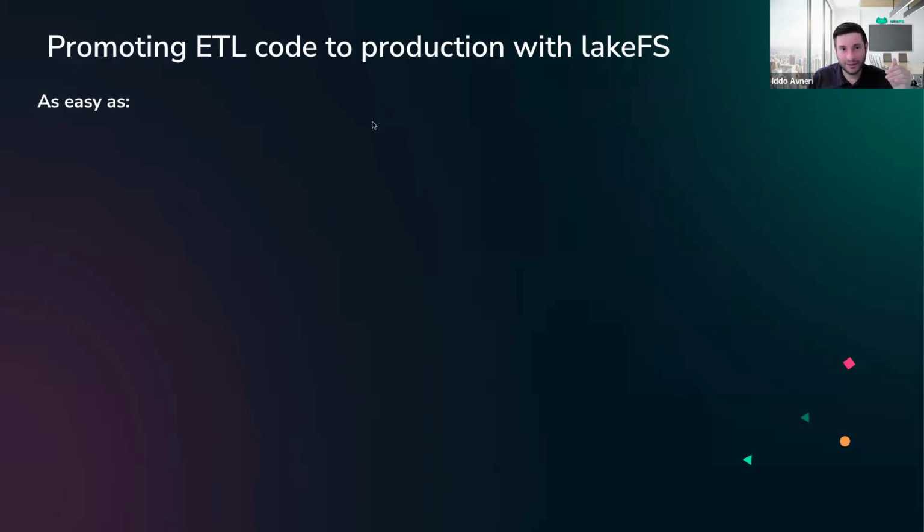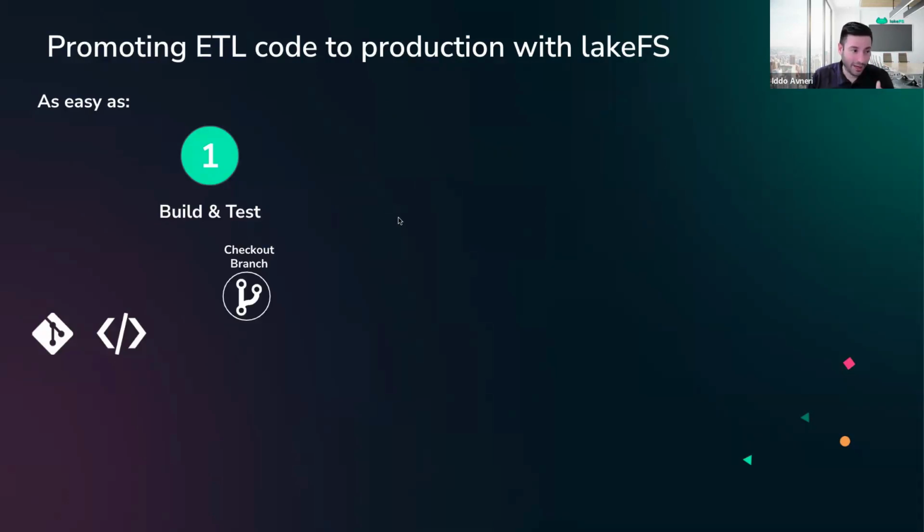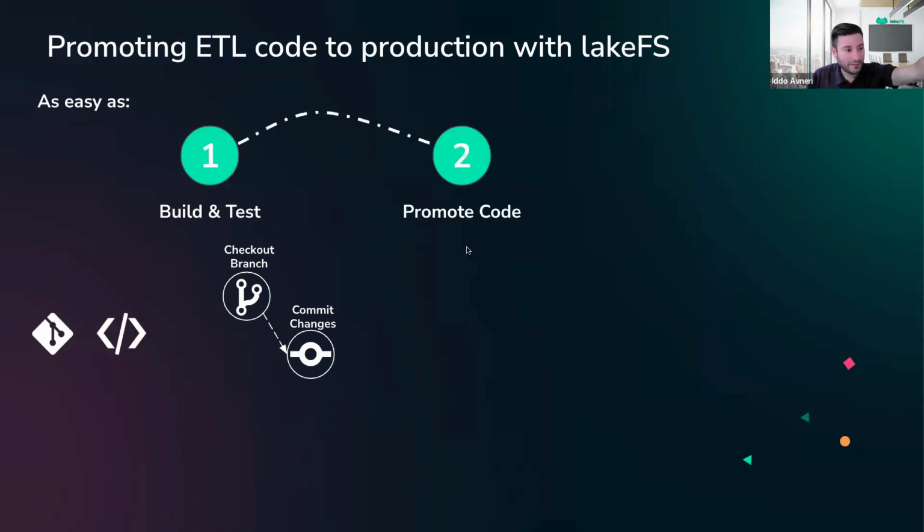Perfect. There's a pretty easy way to do it today, which is if I need to write my ETL, I typically have the code of my ETL stored in Git, and I will create a branch out of that code. I will make whatever changes I want to make, and I'll commit them. And then when I want to promote this change, I will run a pull request in Git.